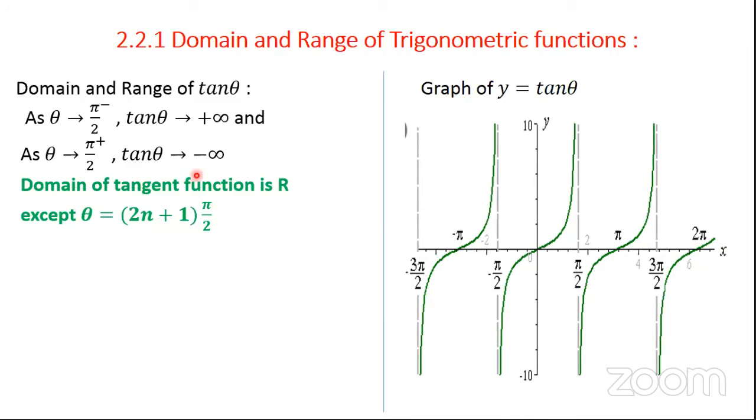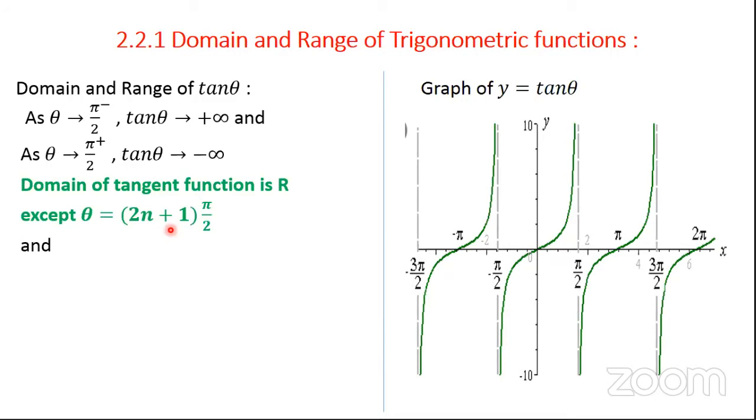Because tan theta means sin theta upon cos theta, and cos 90 degrees, that is cos pi by 2, cos 3 pi by 2, has value 0. So sin upon cos 0 is not possible. Therefore, if it is an odd multiple of 90 degrees, the tangent function does not exist. So the domain of the tangent function is the set of real numbers minus these odd multiples of 90 degrees.